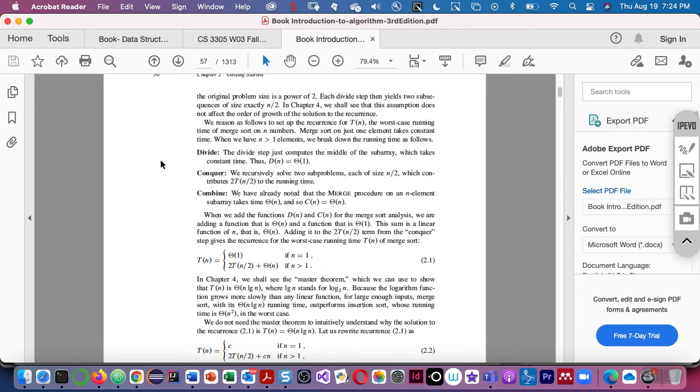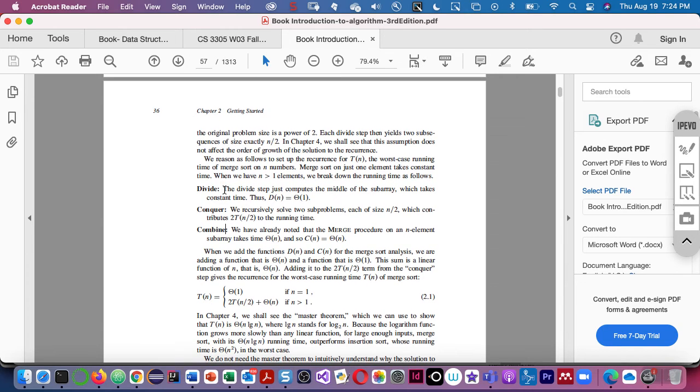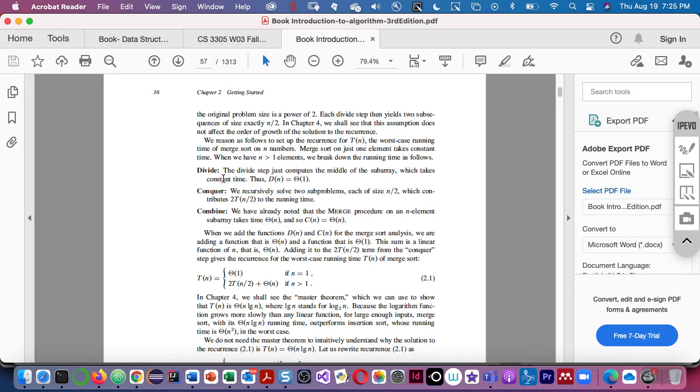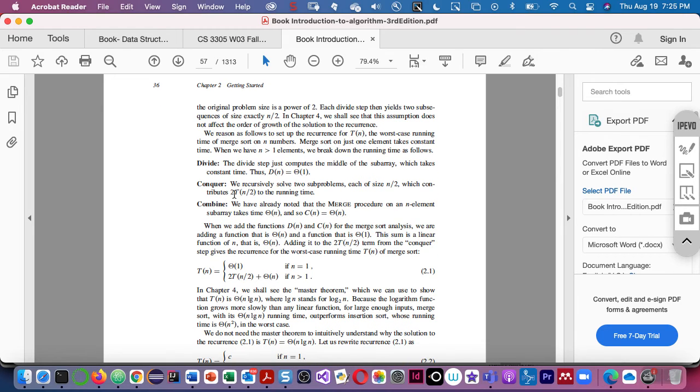For instance, I'm looking at a quiz question for the divide and conquer process: which part uses recursion? That'd be conquer. Yes, divide, conquer, and combine. Not all parts, only this part uses recursion, right? If you understand this, you'll be able to find the answer.